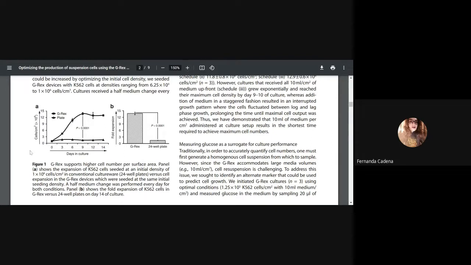So the first thing that they do is comparing this machine with the 24 well plate, and we can see that in this case, the G-Rex supports higher cell number per area, and everything they compare here by square centimeters. So in this machine, we can have more cells compared with the 24 wells, sorry. And also they show here the same, but in the fold expansion, we can see that the number that we can obtain using this machine is really high.